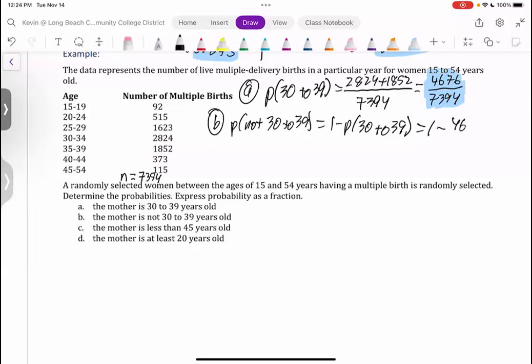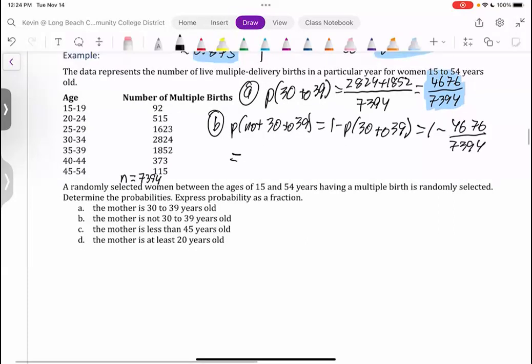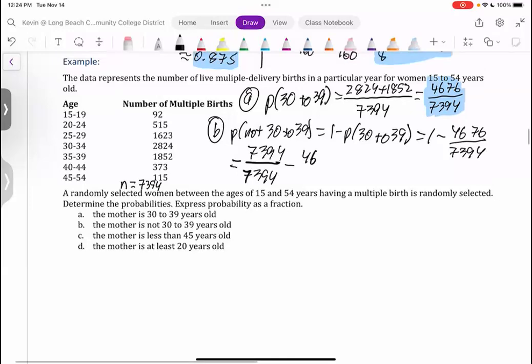Minus 4676 over 7394. 7394 over 7394. Got to get a common denominator. That's my 1 that I just wrote. Minus 4676.